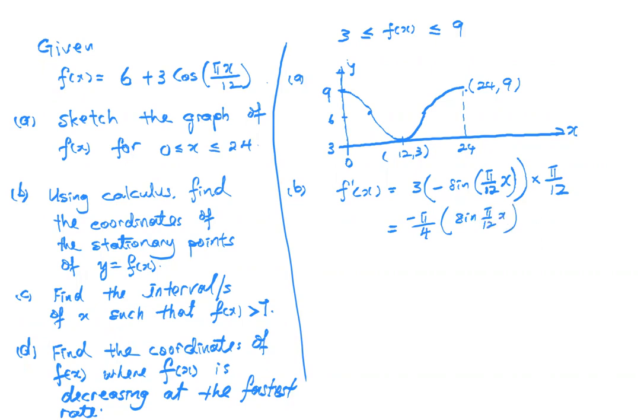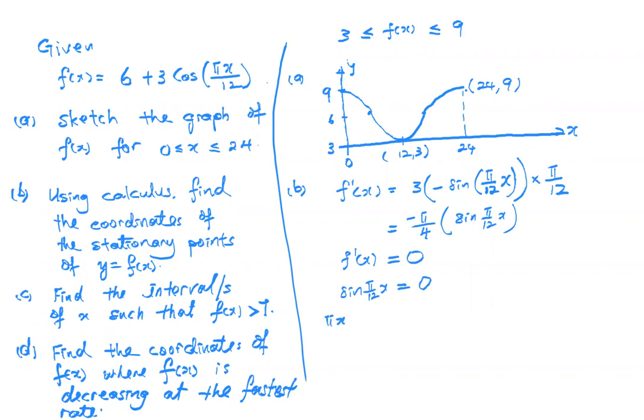Okay. So we want the stationary point, correct? So you say f prime x equal to 0. So sin of pi x over 12 equal to 0. Okay, sin equal to 0, it happened at, so this one you better memorize by heart or write down in your notes.